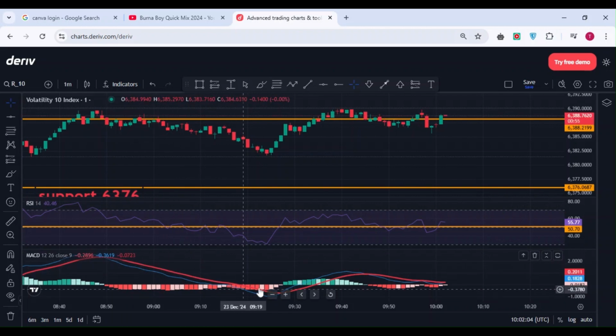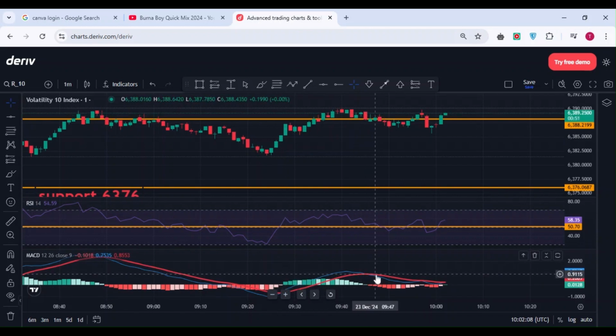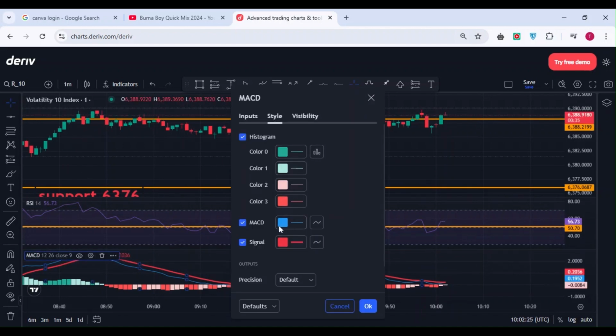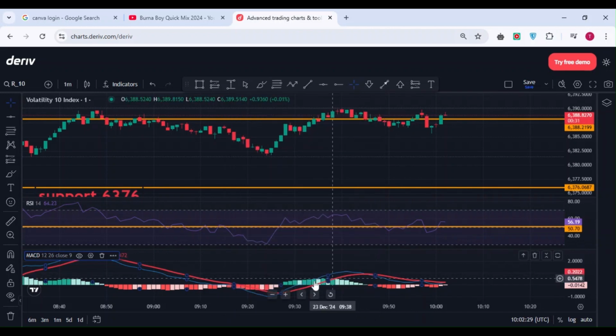So you can see what I've put. The red is the signal line. After the MACD crossed above here, this is the MACD line. The MACD line is represented by blue color, as you have seen here. So the MACD is blue, signal red, for easy identification.